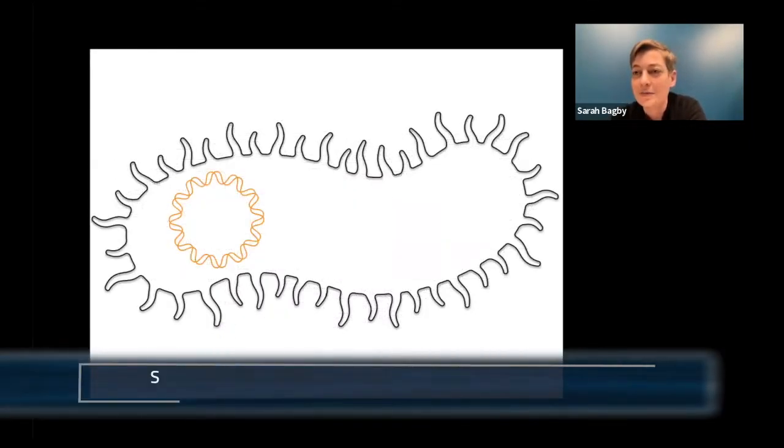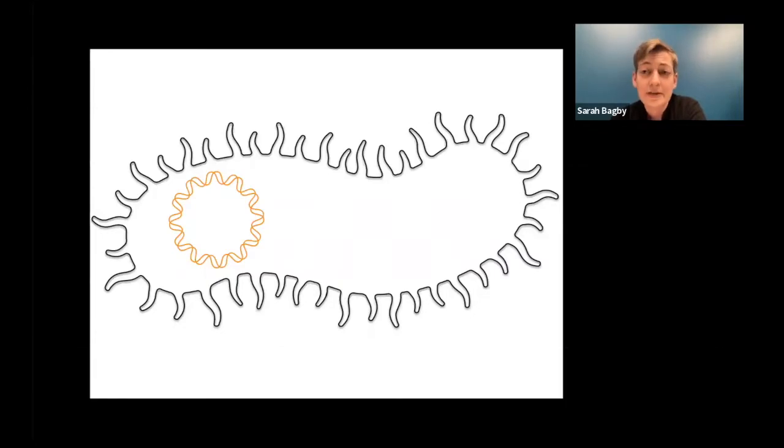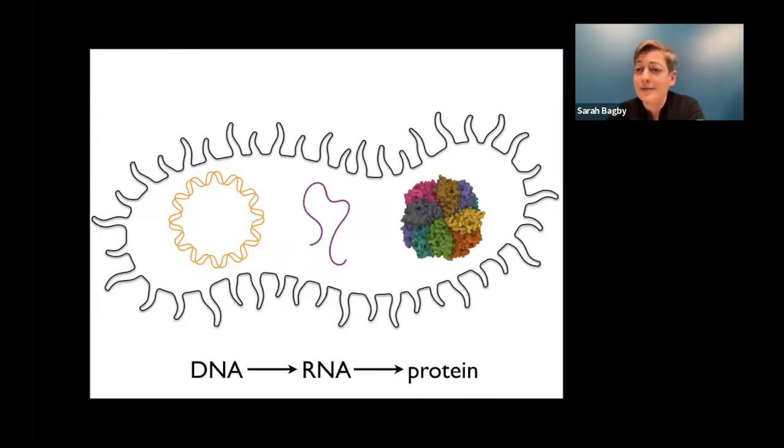Here is our same wiggly cell cartoon. And the molecule that I'm showing you in orange is, of course, DNA. Right? So bacteria organize their genes a little differently than we do. In particular, they tend to have just one circular chromosome like this. And the central dogma of molecular biology is that DNA encodes RNA, a related but distinct kind of molecule.